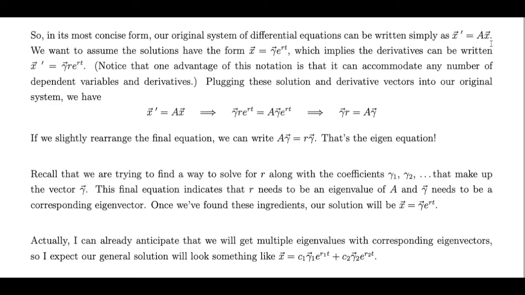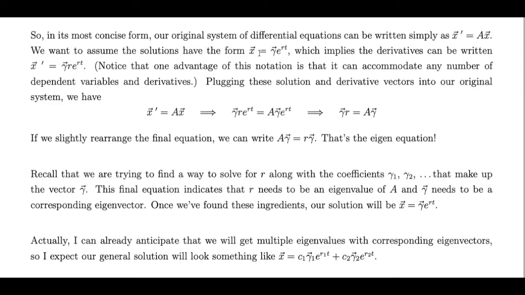But if I wanted a 3 equation system and needed 3 dependent variables, x1, x2, and x3, I could represent them as a solution vector like this just as easily. So this simple representation actually represents systems of differential equations that have any number of dependent variables.